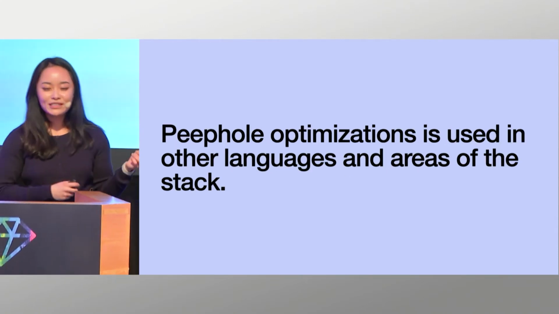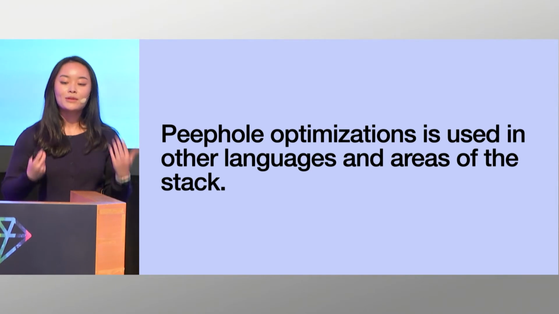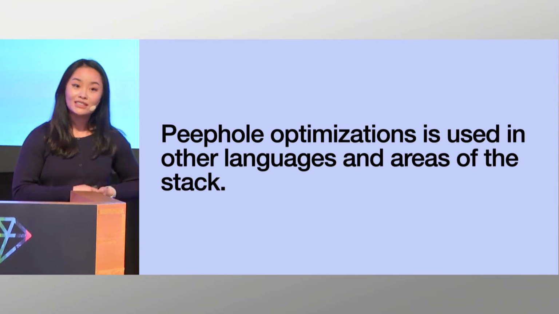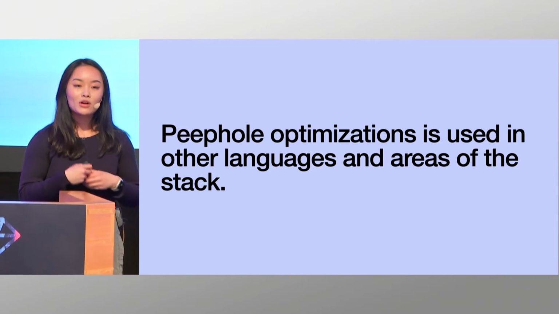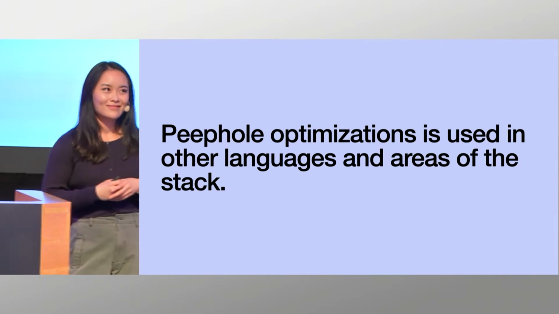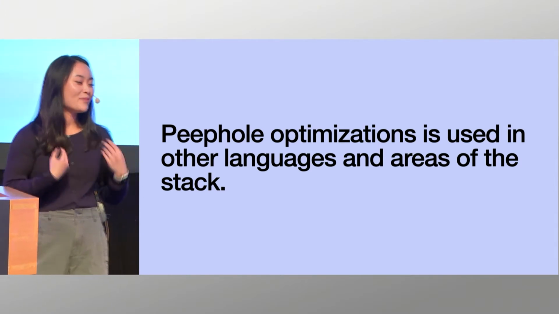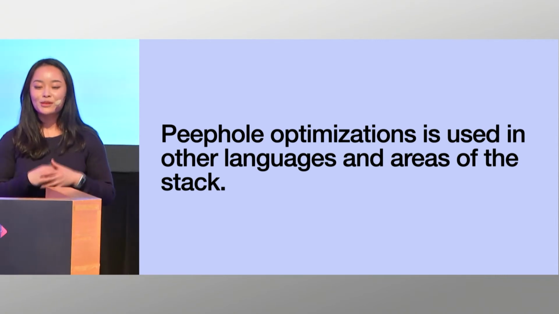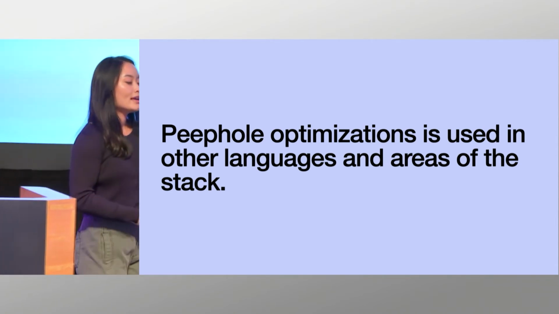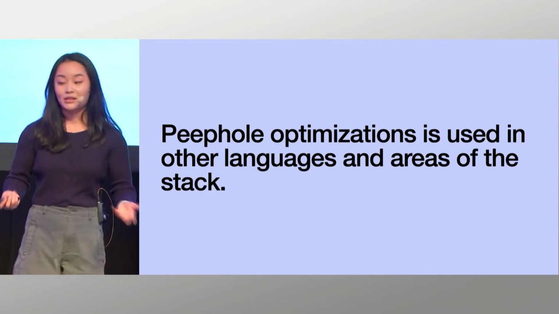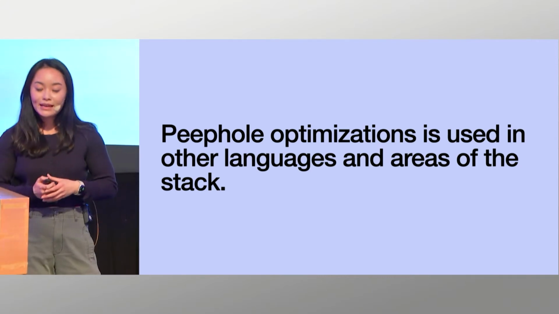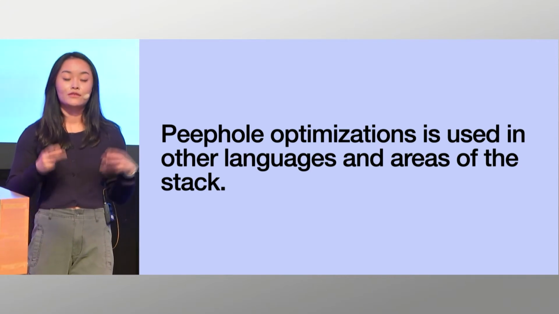This optimization can be applied to various other languages and machines. For example, peephole optimization is also used in languages like Python. It can also be used to optimize assembly code, and YJIT also uses it to optimize its bytecode. But today, we'll be talking about it in the context of Ruby, so MRI.